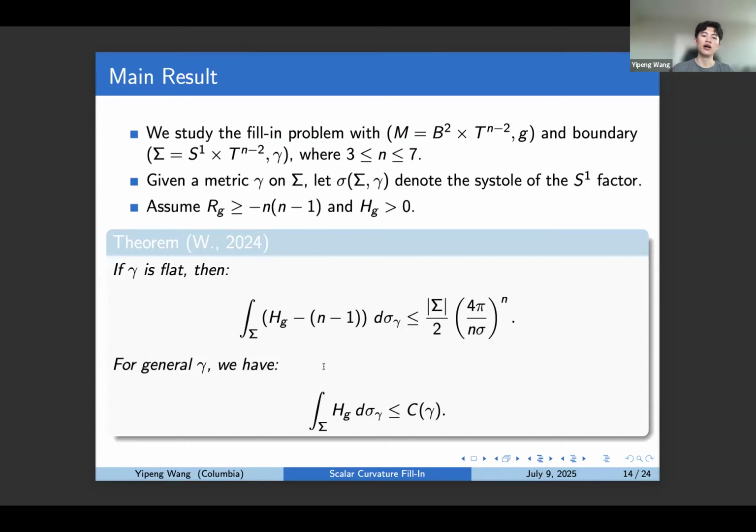So namely, the integral of H minus (n-1) is bounded by this constant that just depends on the boundary data. So in particular, you can state it explicitly, involving the volume of the boundary and the systole quantity I was explaining.